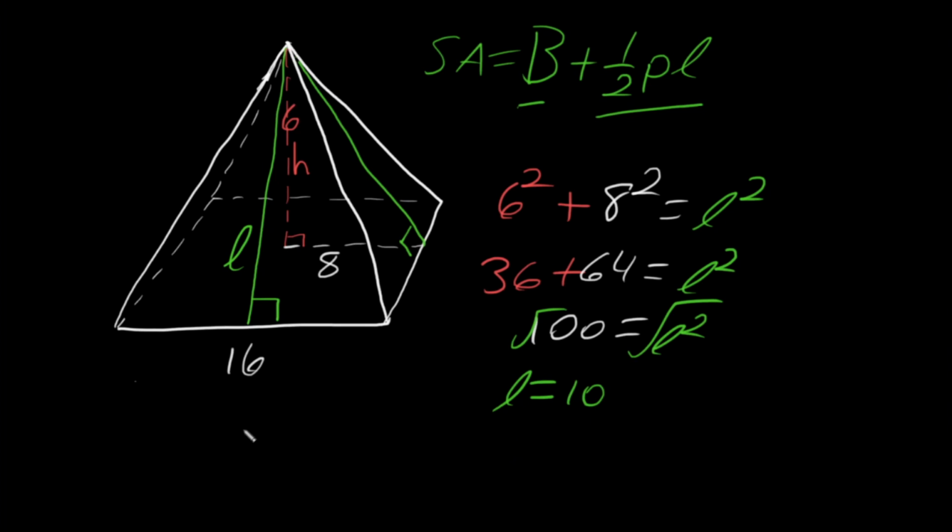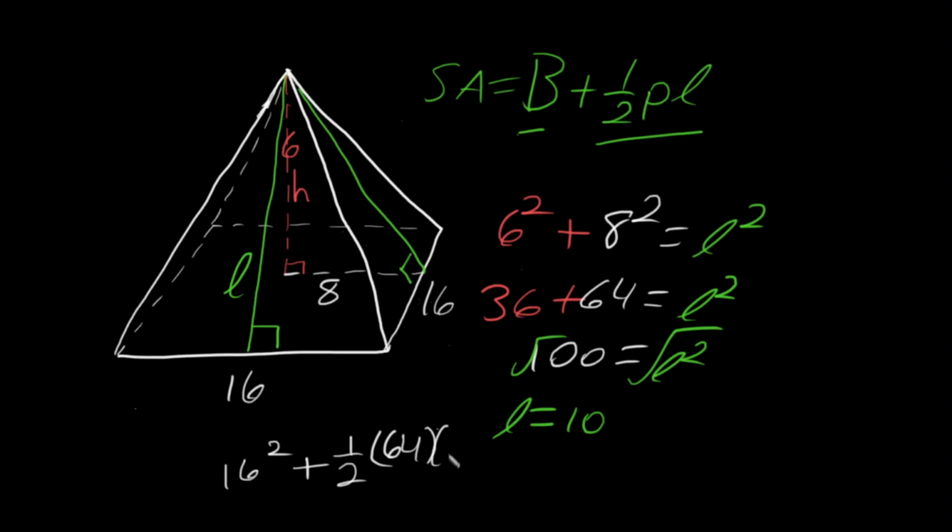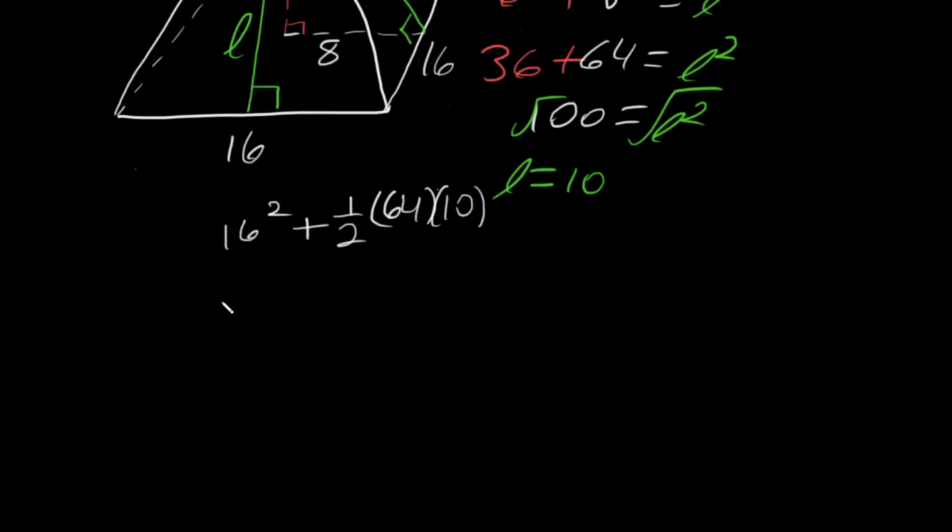Now we're ready to plug in and solve for the surface area of this square pyramid. First, we'll start with the area of the base, and that is going to be 16 squared, 16 times the 16 over here, plus 1/2 times perimeter, in this case 16 times 4, which is 64, times our slant height, which was 10. And now we have 16 squared is 256 plus, and we can go ahead and distribute the 1/2 into the 64 to make it a little bit easier.